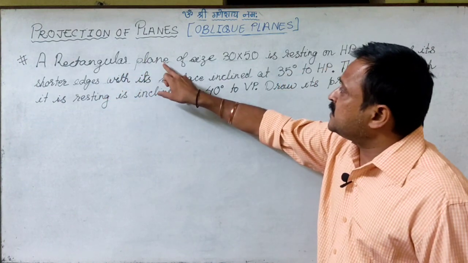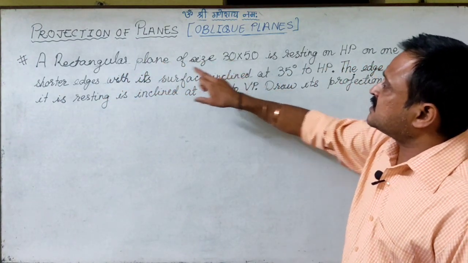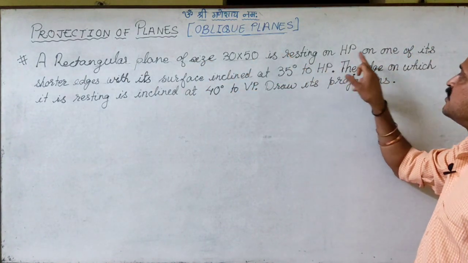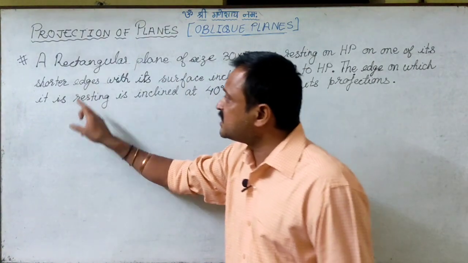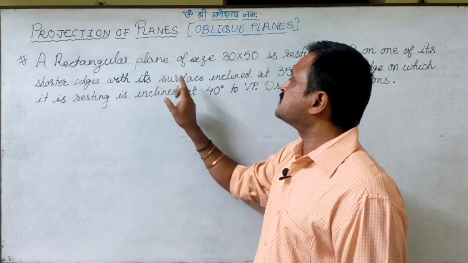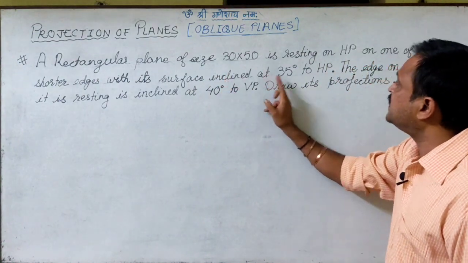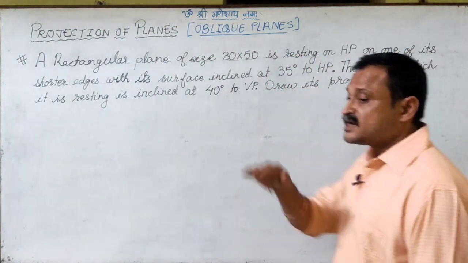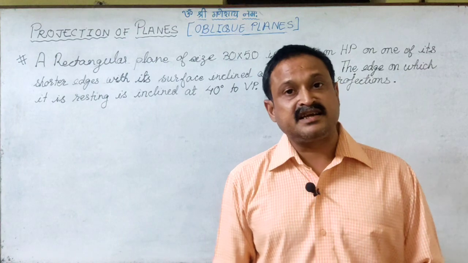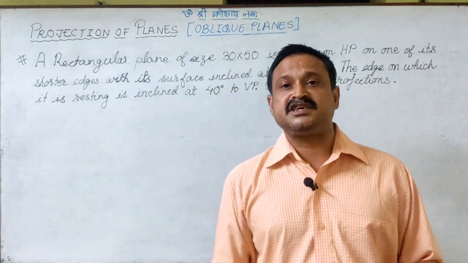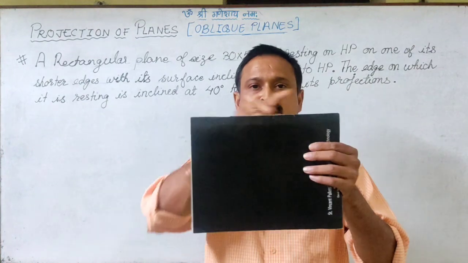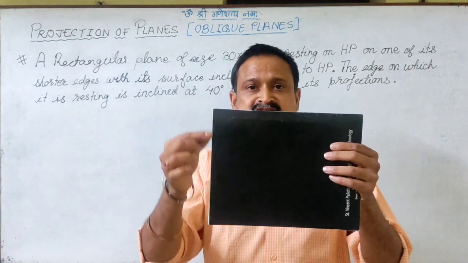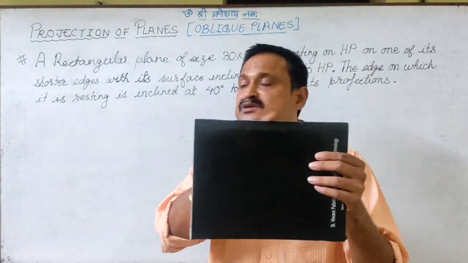So a rectangular plane of size 30 by 50 is resting on one of its shorter edges with its surface inclined at 35 degrees to HP. So there is this plane which is resting on HP, right? And the plane is a rectangular plane, where the shorter side is 30 and the longer side is given to us as 50.